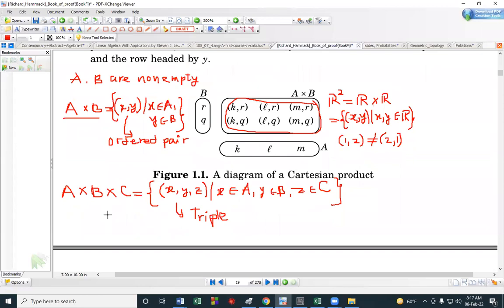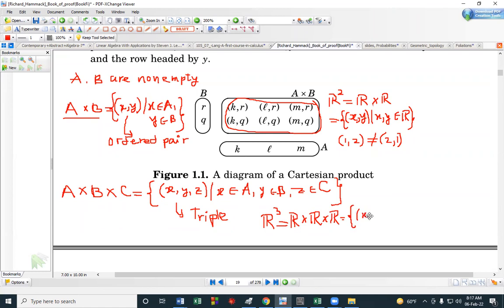And similarly here, you can take the Cartesian product of R with itself 3 times, which will be denoted by R cube, which is in fact R cross R cross R. It's the set of all ordered triples.